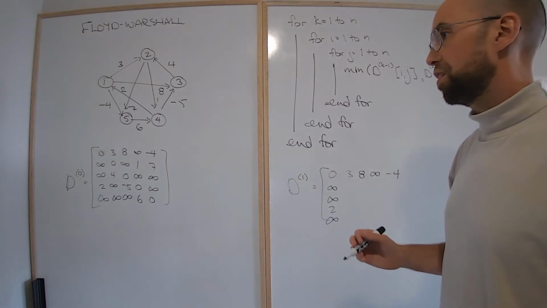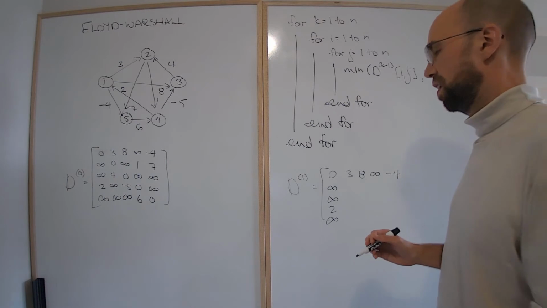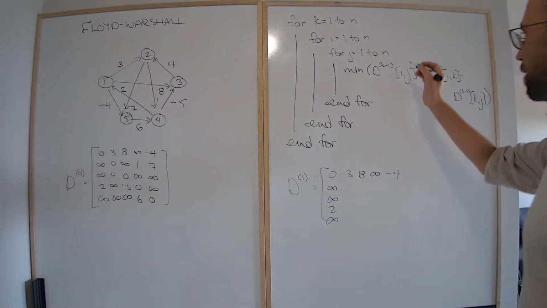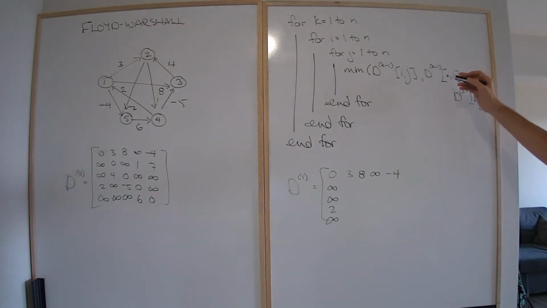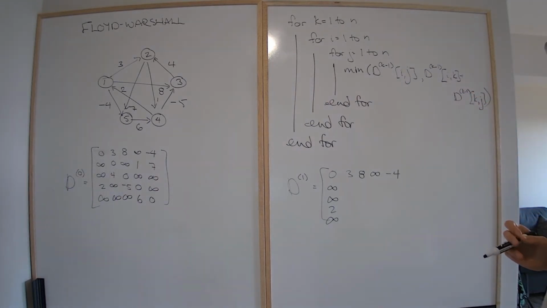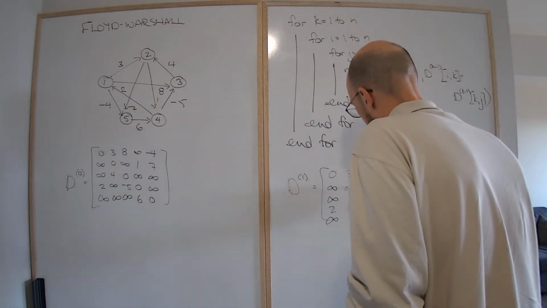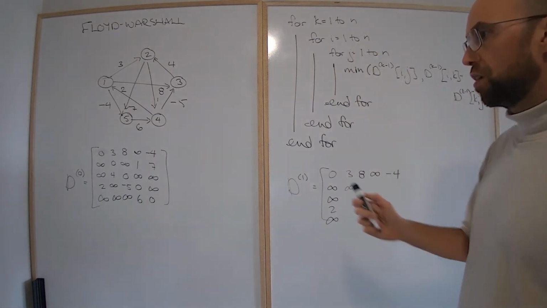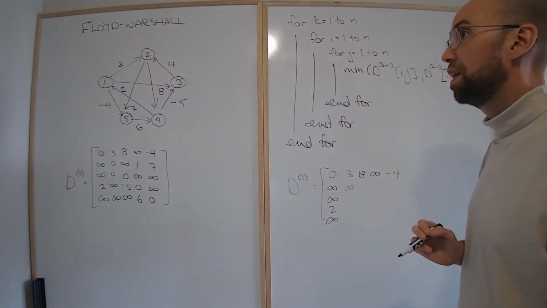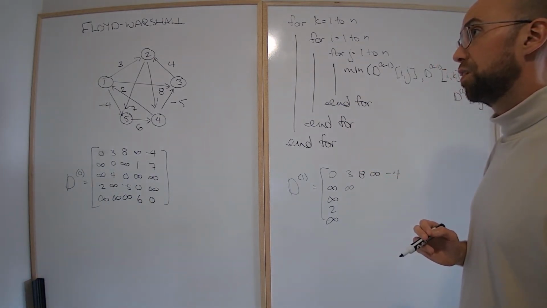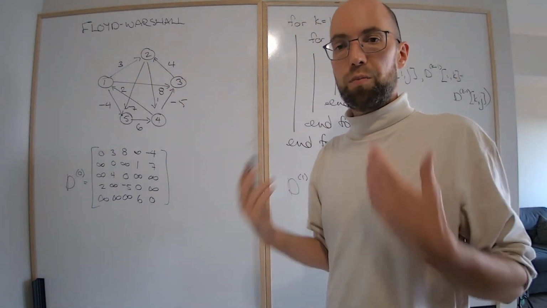Now, what is the cost of going from 2 to 2? That's the same, because it's the min of the cost of going from 2 to 2, which is 0, and the cost of going from 2 to 1, which is infinite, plus the cost of going from 1 to 2, which is 3, so it's infinite. This row isn't going to change because you can't go from 2 to 1.